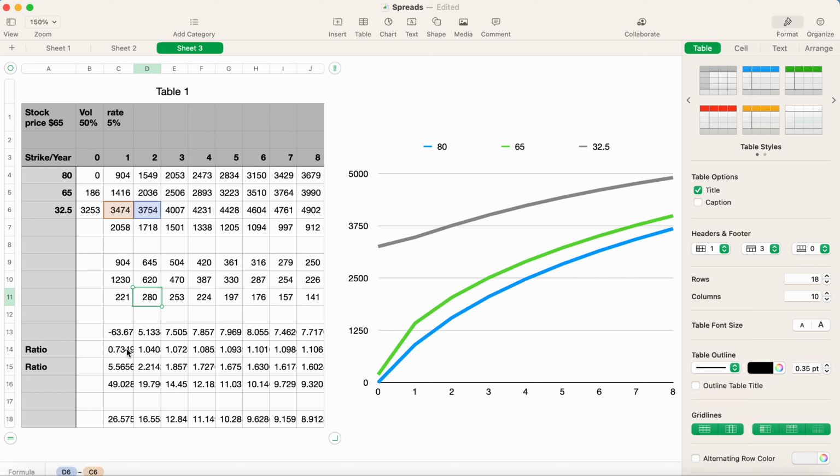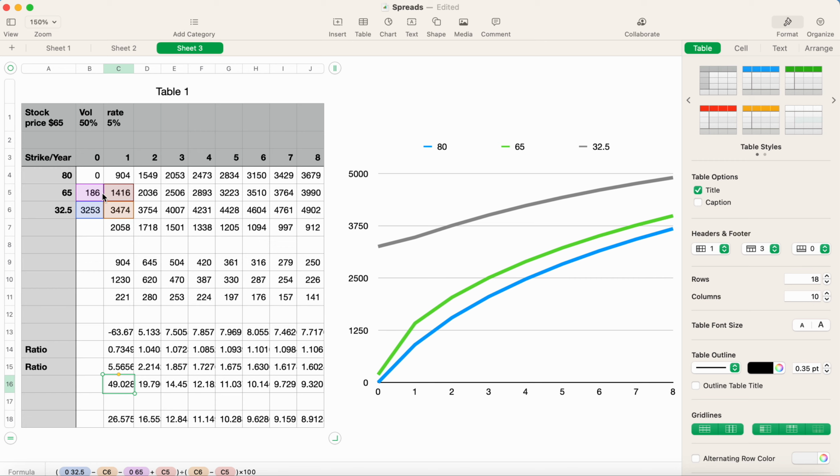For example, if you buy the 32.5 and then sell the 65 dollar strike call option, you pay 34.74 and then you sell it for 14.16. That is more or less about $2,000 what this strategy is going to cost you.